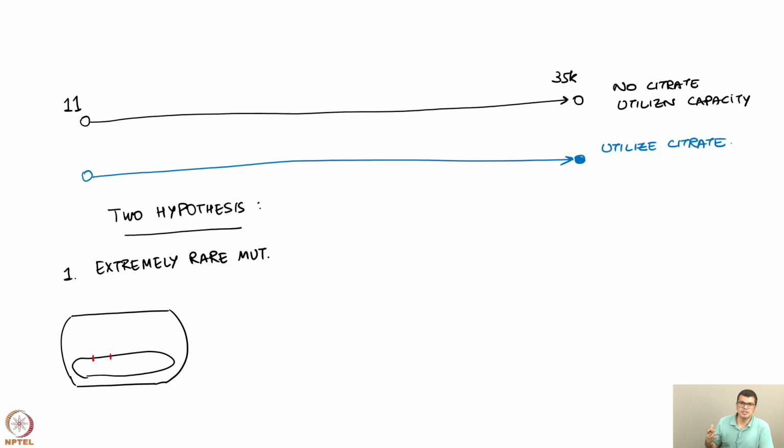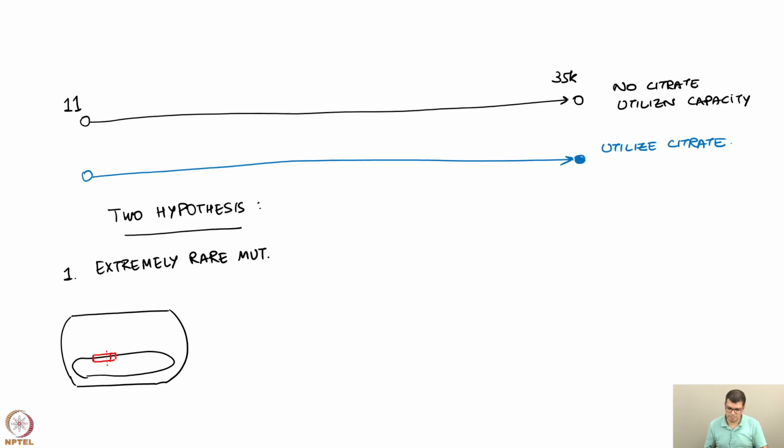Now, duplications happen all the time, but what made this rare was that this exact part of DNA needed to be duplicated. If it was slightly shorter, it wouldn't work, and if it was slightly longer, it wouldn't work either. So the exact same region of DNA needed to duplicate itself, and that is a very rare mutation.